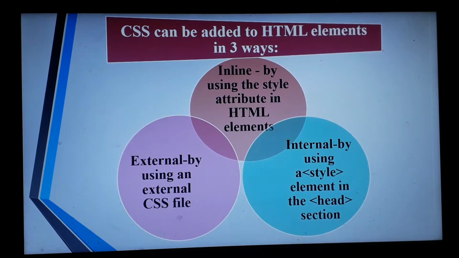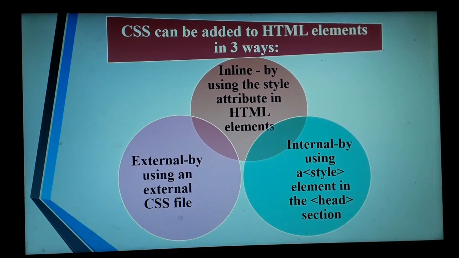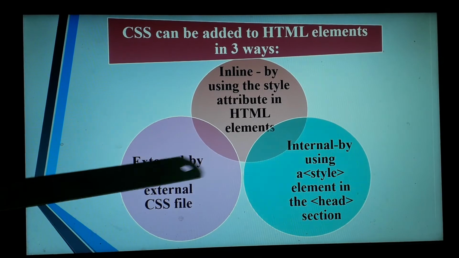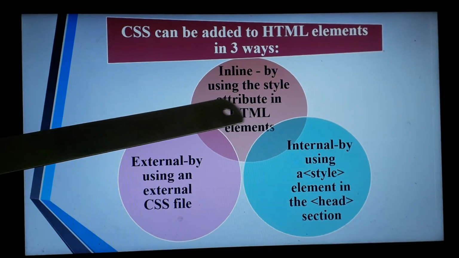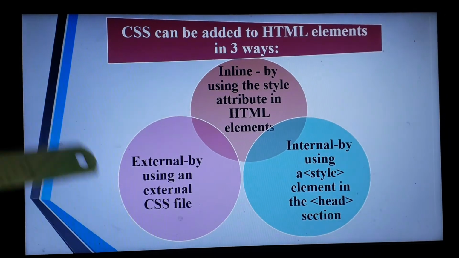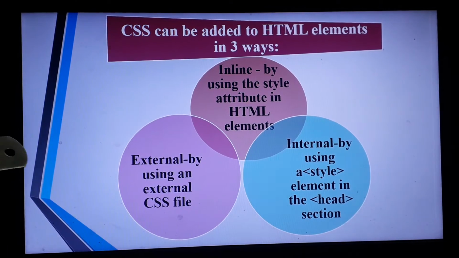Now CSS can be added to HTML element in three ways. It can be added to HTML element in three ways: inline, external and internal. Inline, by using the style attribute in HTML elements. External, by using an external CSS file from outside.